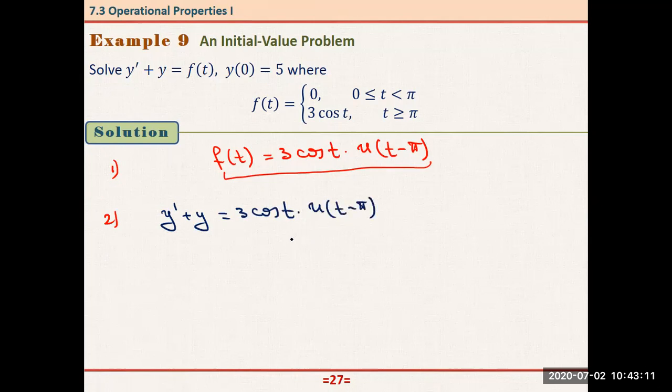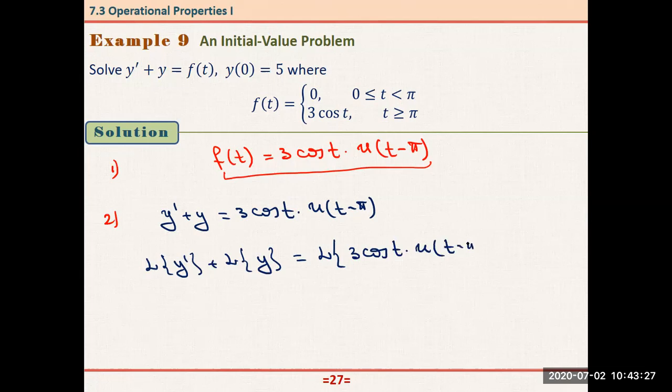Okay. And if you just use the Laplace transform, here we have Laplace transform of y prime plus Laplace transform of y is equal to Laplace transform of 3 times cosine of t times u of t minus pi. Right? Good.